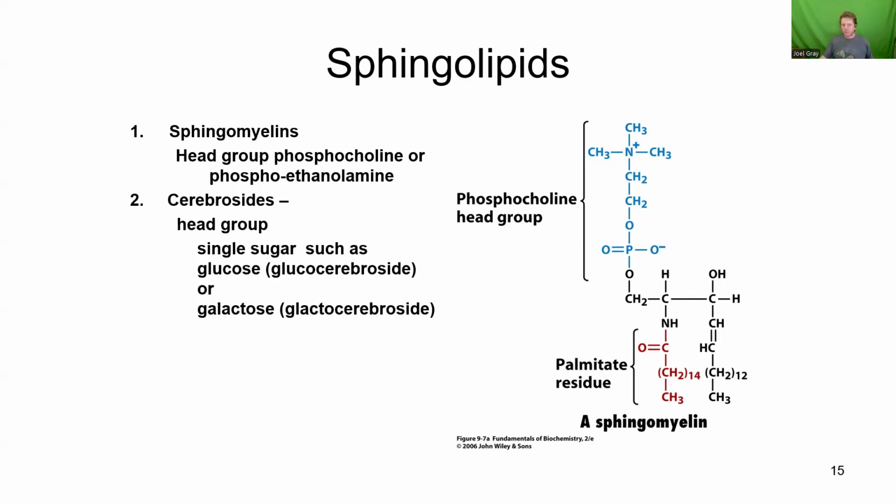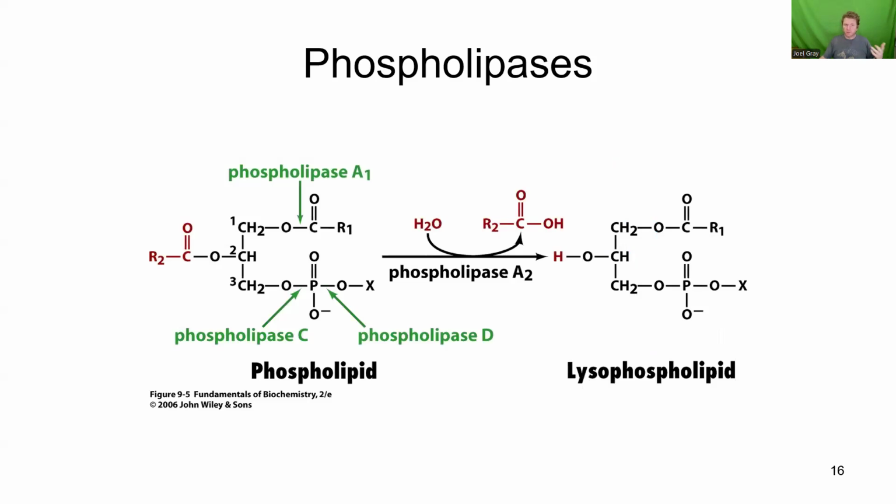Now, these different molecules, glycerophospholipids, for example, or phospholipids in general, get metabolized and broken down. This slide is looking at phospholipases. Phospholipases are classes of enzymes that work on glycerophospholipids. And this isn't metabolism for the sake of extracting energy from them, but instead to release a molecule to send some sort of message.